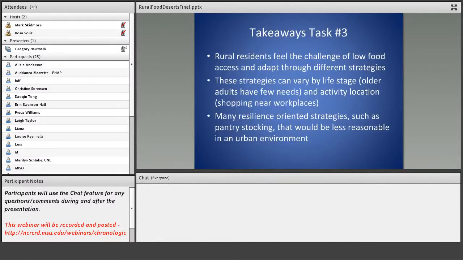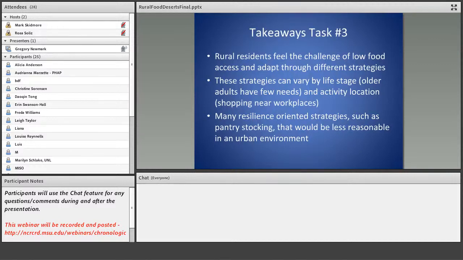So the takeaway from this task was that rural residents really feel the challenge of low food access, and they adapt through a bunch of different strategies. These strategies can differ by life stage, where older adults could shop differently than younger families, and also by activity locations.